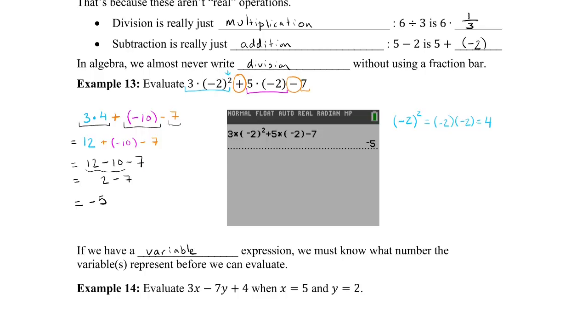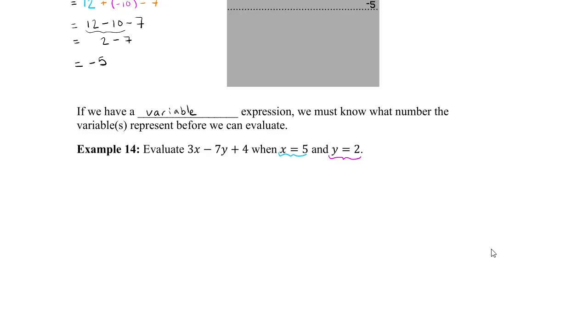In this case, we know because we're told, right? We're told directly that x represents the number 5 and y represents the number 2. So in this case, we can do what's called plugging those in.